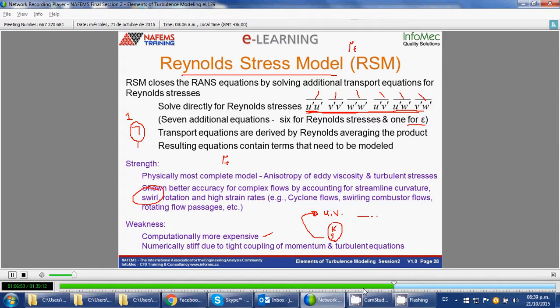But now that you put these in there, they're coupled. Momentum and turbulence equations are coupled. They have to be solved at the same time. And you're dealing with very big differences in length scales and velocity scales and so forth. And the larger scale differences make this kind of numerically stiff. So mainly it means it has a hard time getting started, for your residual to start to come down and so forth. So it'll take a long time to do that. So it becomes a numerically stiff type of problem.